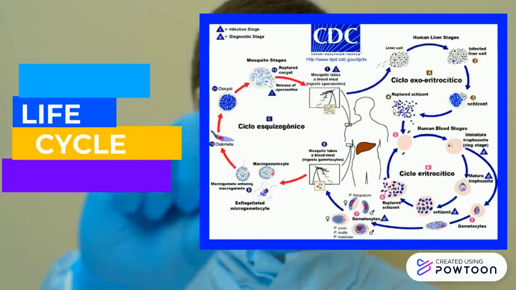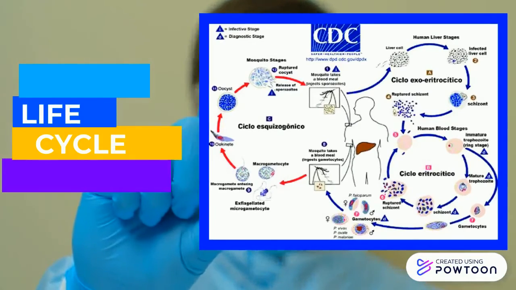The oocysts grow, rupture, and release sporozoites, which make their way to the mosquito's salivary glands. Inoculation of the sporozoites into a new human host perpetuates the malarial life cycle.